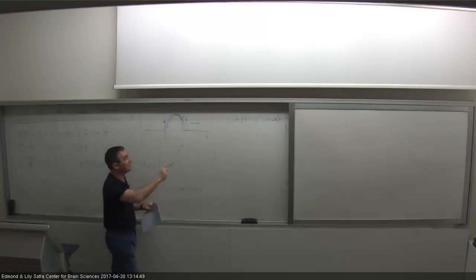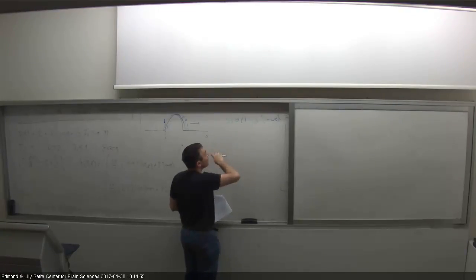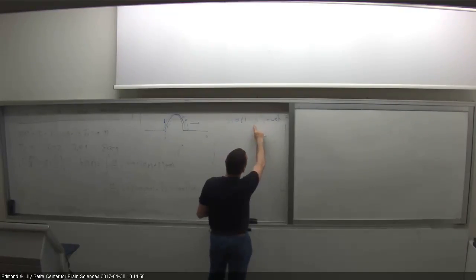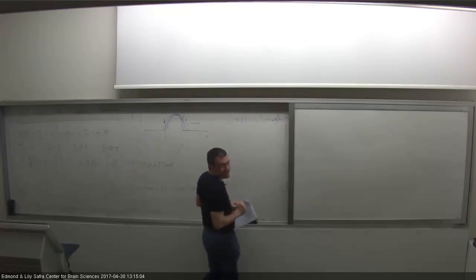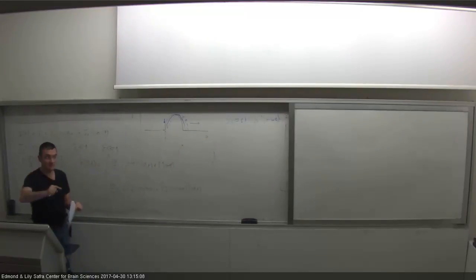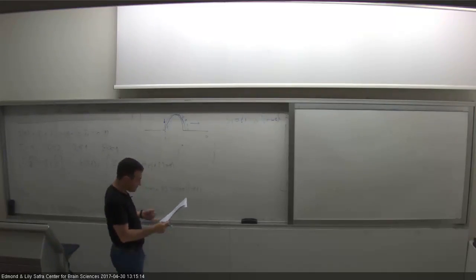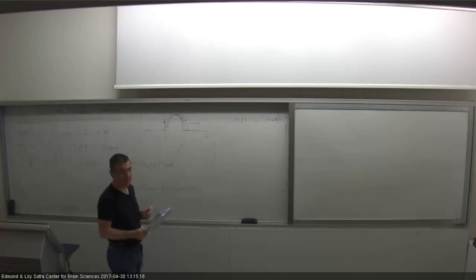So rather than thinking about two independent variables, angle and time, for this periodic solution we will guess a solution that has this shape. It's a function of theta minus wt. So it's like a rotating phase. Questions?